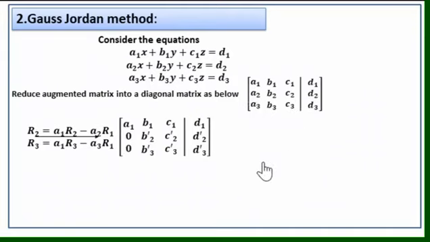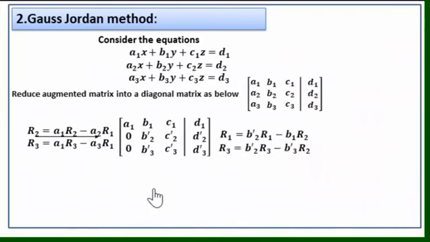and the remaining elements will be modified. Next, in the next step, we make use of the second row and make changes in the first and third rows. That is, we make these two elements 0 simultaneously. So the row operation will be R1 equal to B2 dash R1 minus B1 R2, and for R3 we apply the row operation B2 dash R3 minus B3 dash R2.